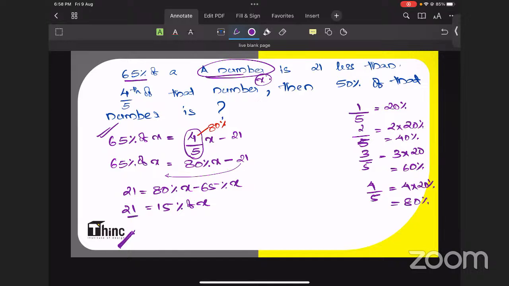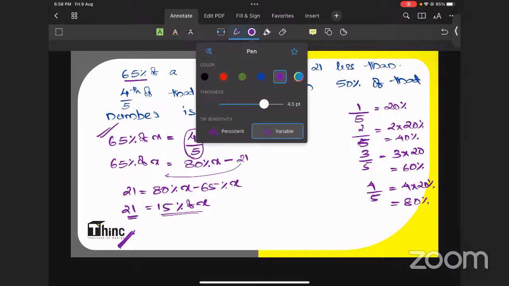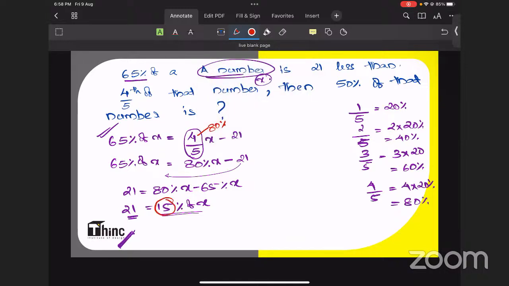So over here, 21 equals 15% of x. Now, just have a look. What we actually want is 50% of x. We have 15% of x. Divide with 3 throughout. 15% by 3 is 5% of x.